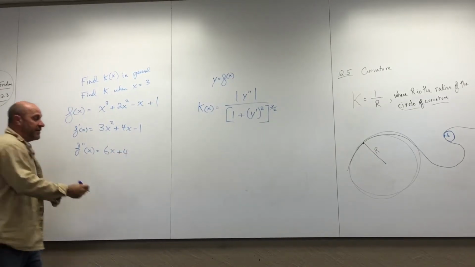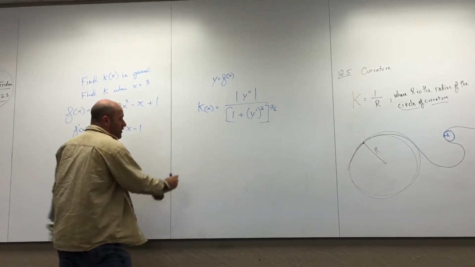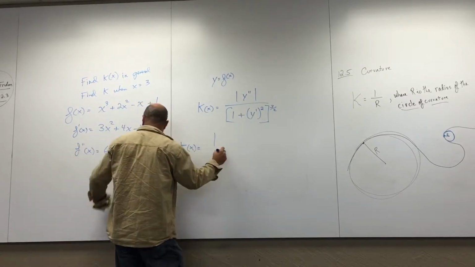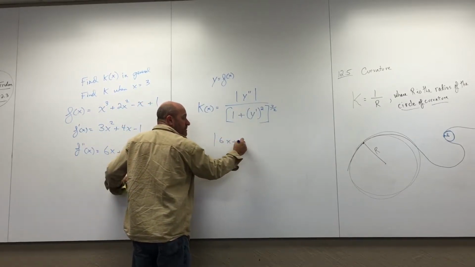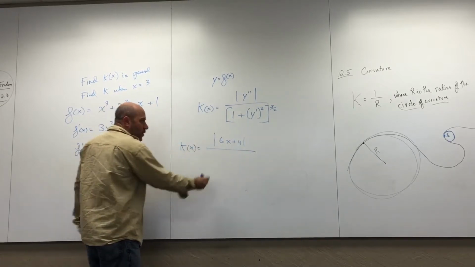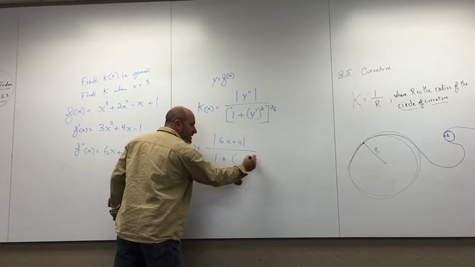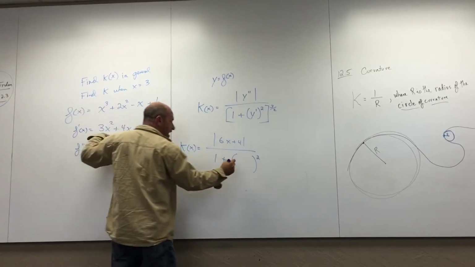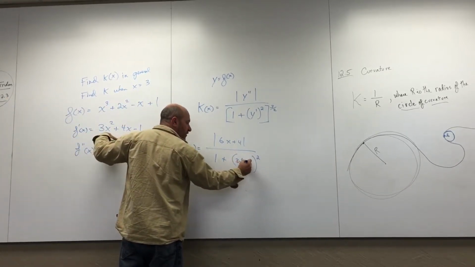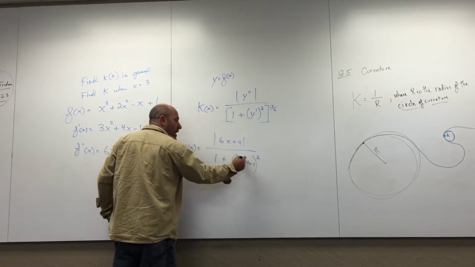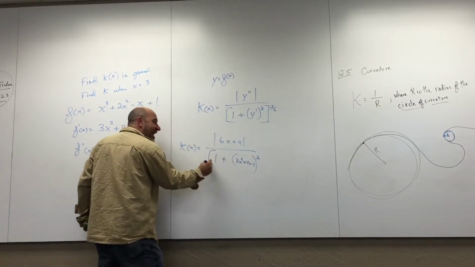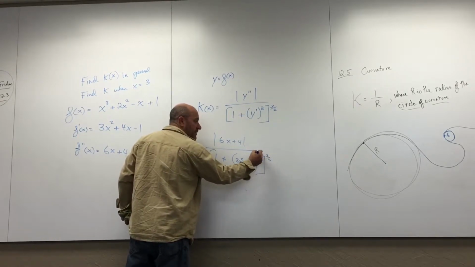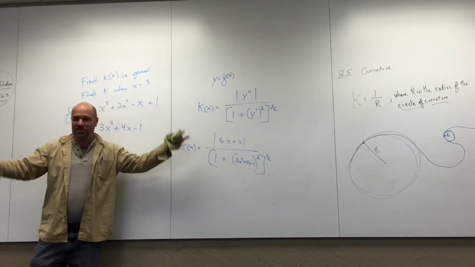Okay, well, then in general, my curvature formula is the absolute value of 6x plus 4 over 1 plus the derivative squared. What is the derivative? There it is: 3x squared plus 4x minus 1, that whole quantity squared, and then that raised to the 3/2. There's my curvature in general.